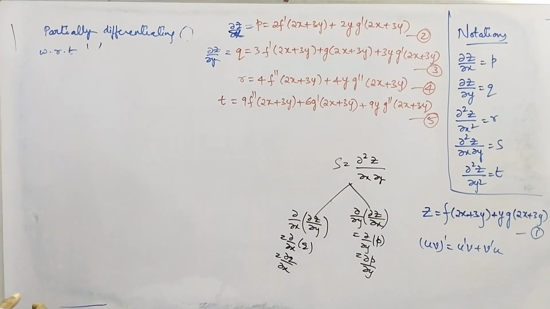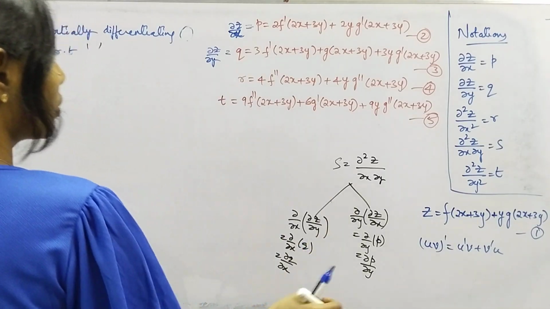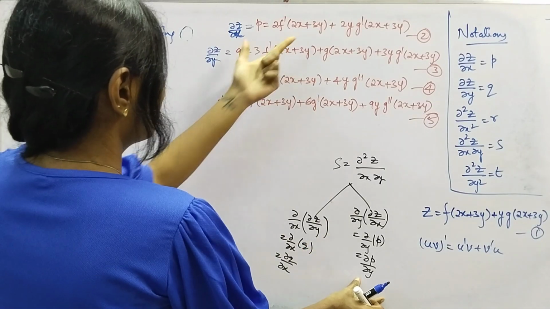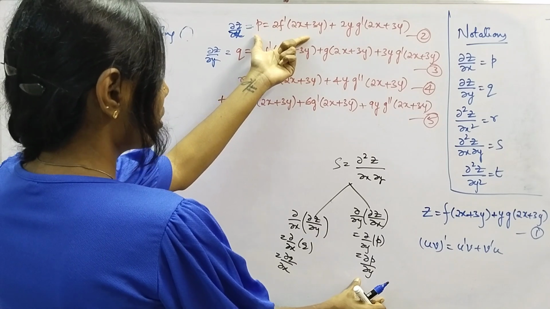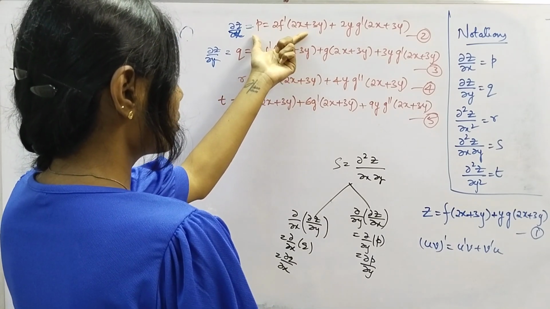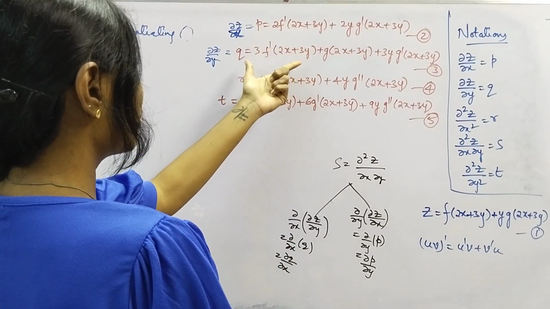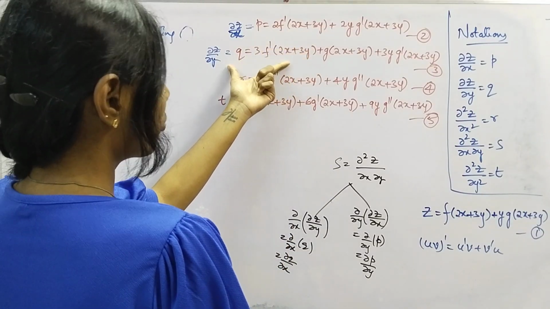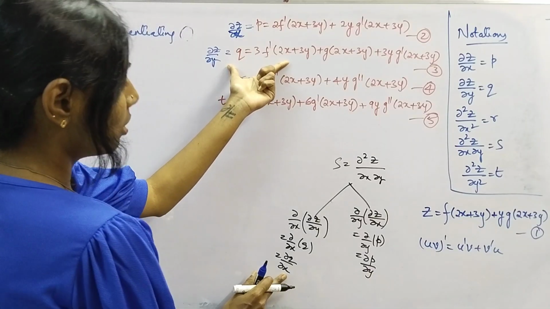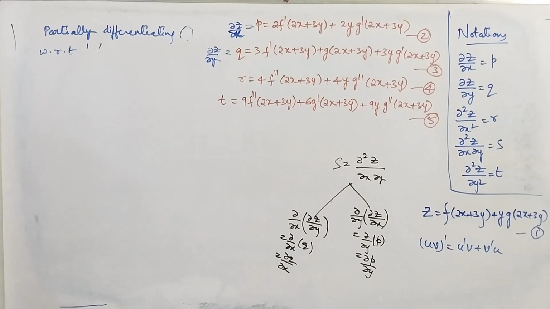So if you want to find equation involving s, we have to use any of these two. If you want s using equation involving p, use this. Just consider equation involving p and partially differentiate it with respect to y, so that you'll get equation involving s. Or if you want to find equation involving s using q, use equation involving q and partially differentiate it with respect to x, so that you'll get equation involving s with the help of equation involving q.